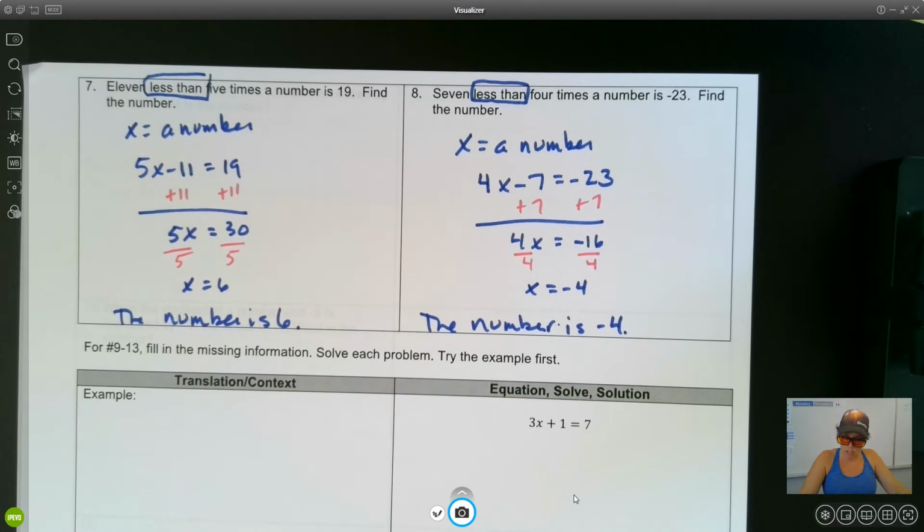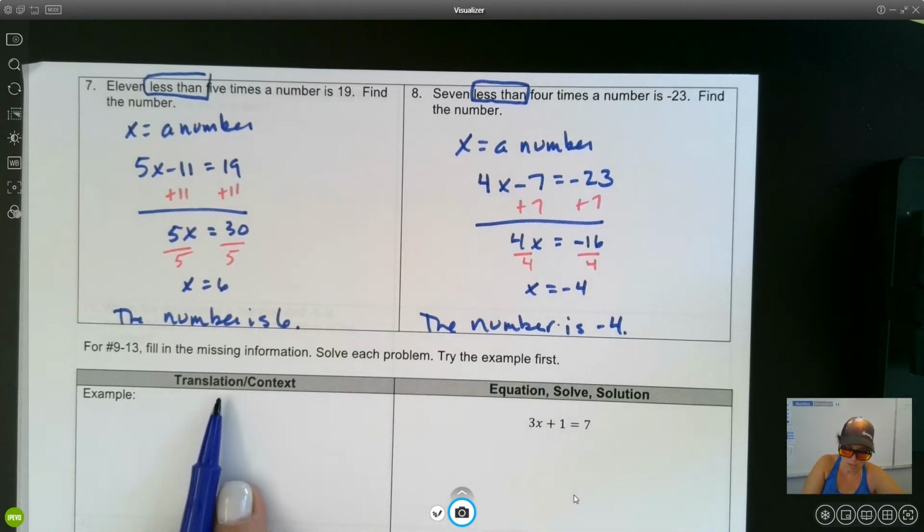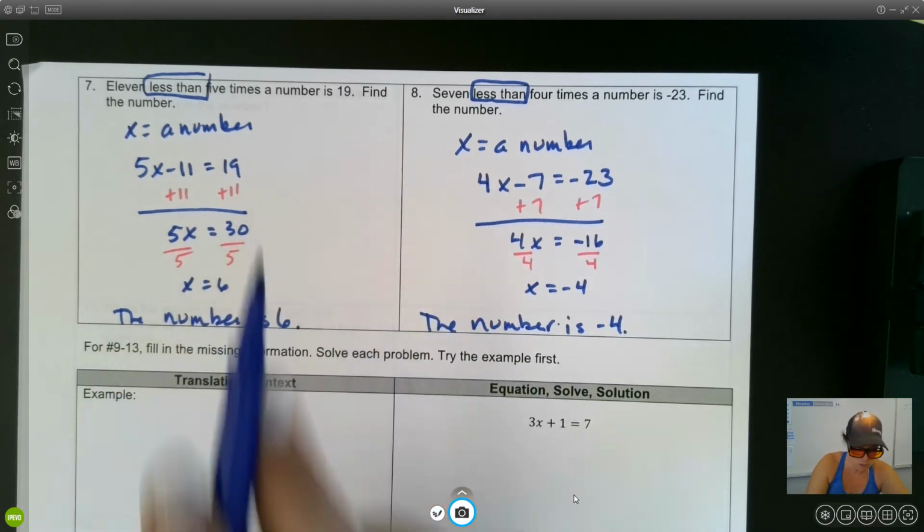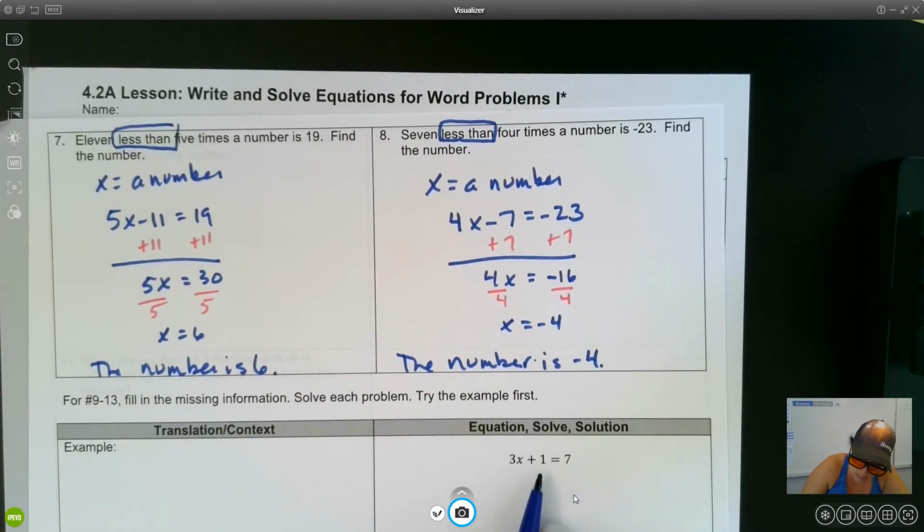Now the next chunk says fill in the missing information, solve each problem, try the example first. Okay, so we're given 3x plus 1 equals 7. And we're asked to come up with a translation. So we're trying to come up with the words for that equation. Thinking about all these that we just finished, we could say the sum of 3 times a number and 1 is 7.